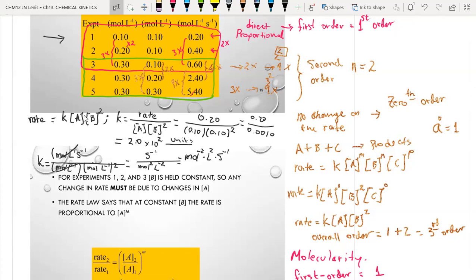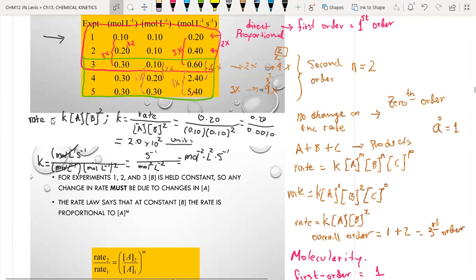Remember, the rate of the reaction has to be moles per liter per second. That's the rate of the reaction: change of concentration over change of time.